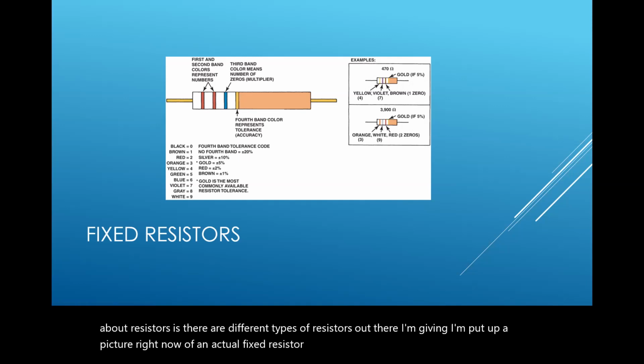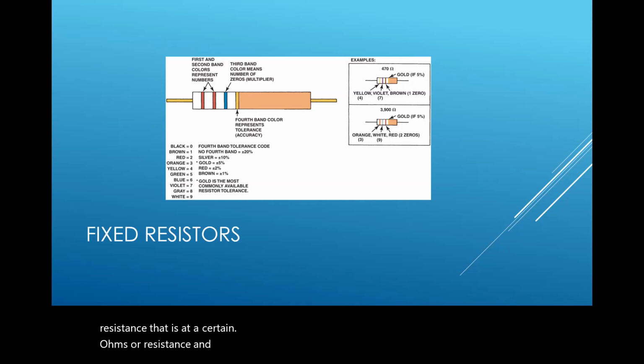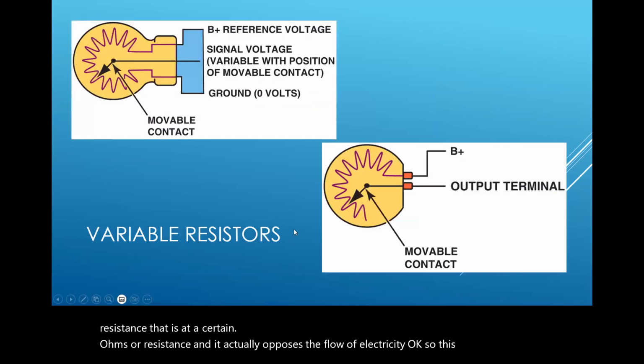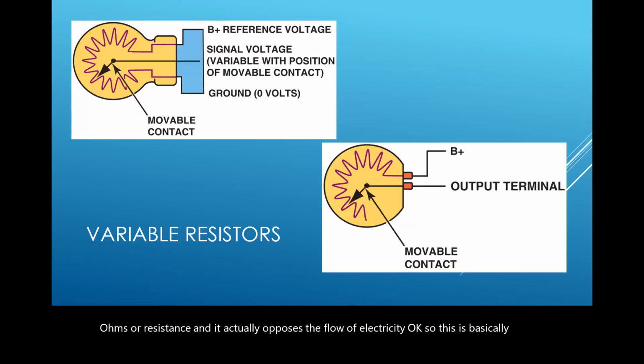This resistor has a resistance of a certain ohms, and it actually opposes the flow of electricity. We use that a lot in some of our circuits on our cars. We use surface resistors in our computers because we don't want too much voltage going in. We'll get deeper into that as we get into the computer part of it too.